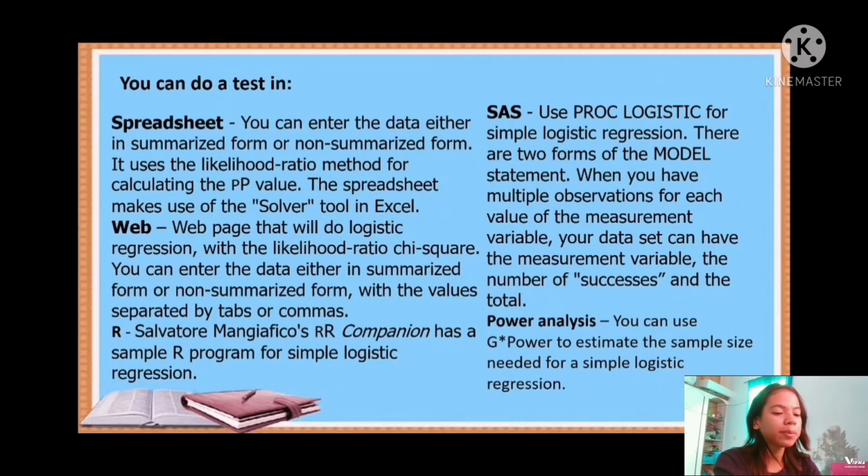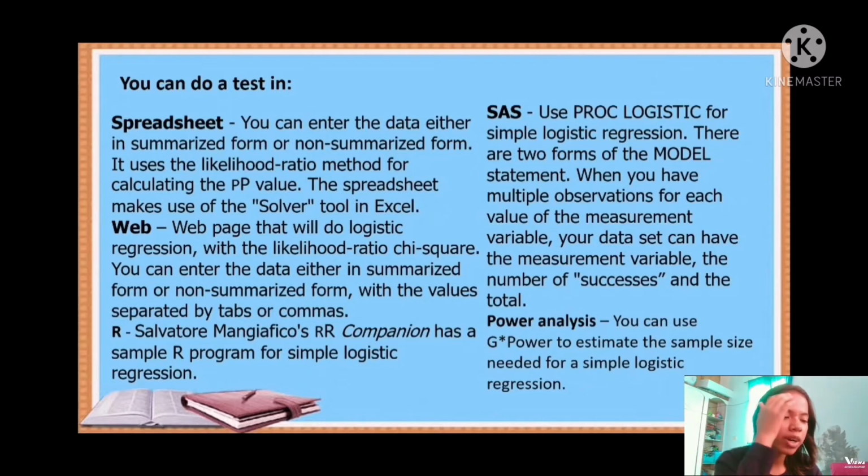When you have multiple observations for each value of the measurement variable, your data set can have the measurement variable, the number of successes, which can be either value of the nominal variable, and the total, which you may need to create a new variable for.